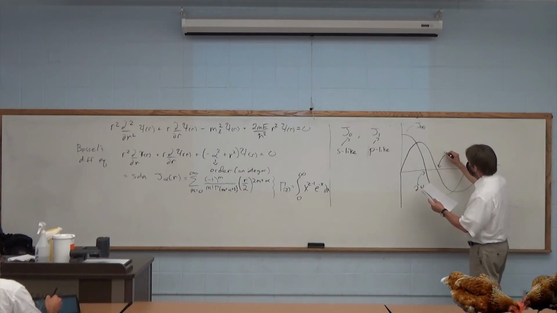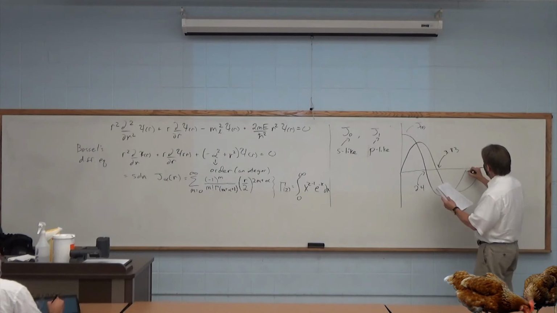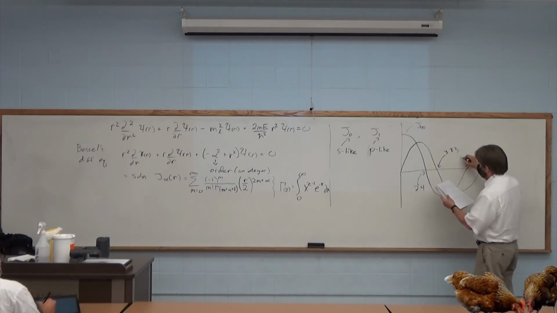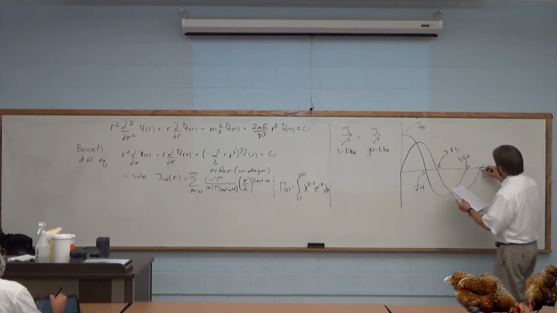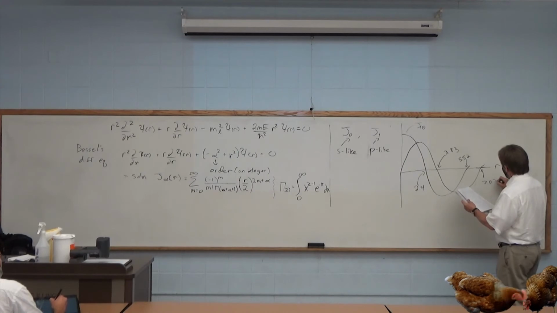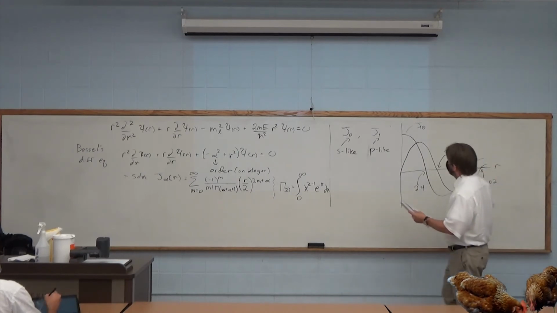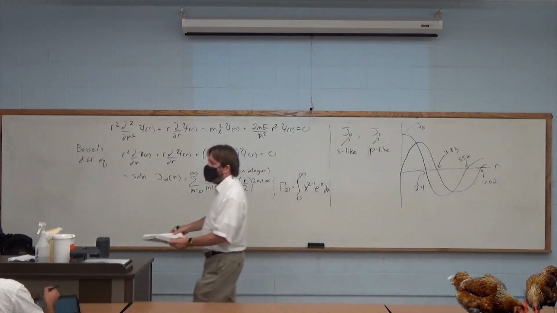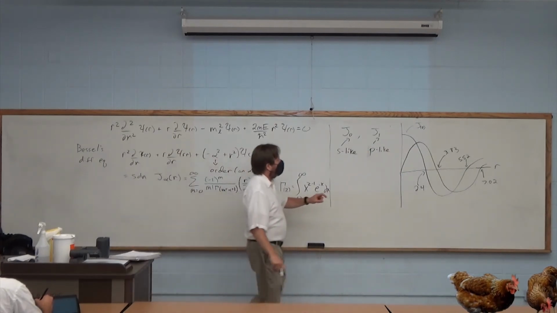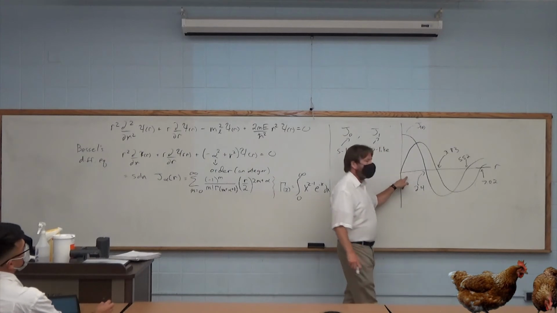This is around 3.83. Yeah, they go on forever, of course. This is 5.52. This is around 7.02. They go on, little wiggles. Now, if you remember your hydrogen atom, you may recall that S states are finite at the origin, and P and D and F and G states are not.